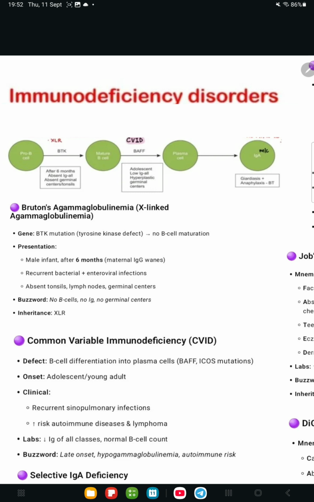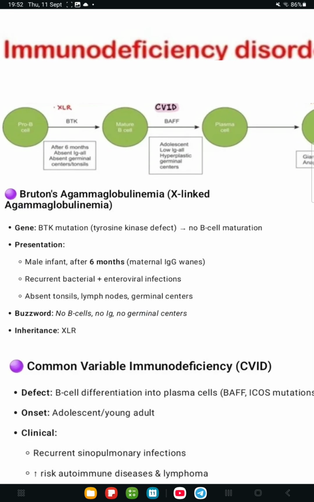For Bruton, the mnemonic is that all things start with B: Bruton, B cell disorder, boy, male infant is involved, and after 6 months. Why after 6 months? Till 6 months, the baby has maternal immunoglobulins. Once maternal immunoglobulins start waning off, the presentation starts.